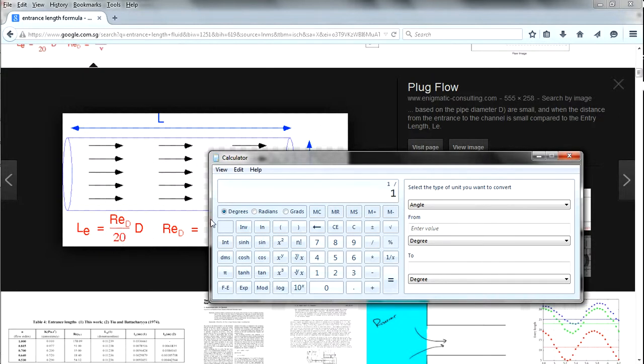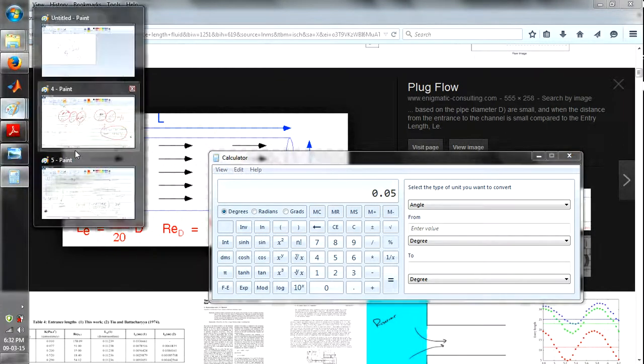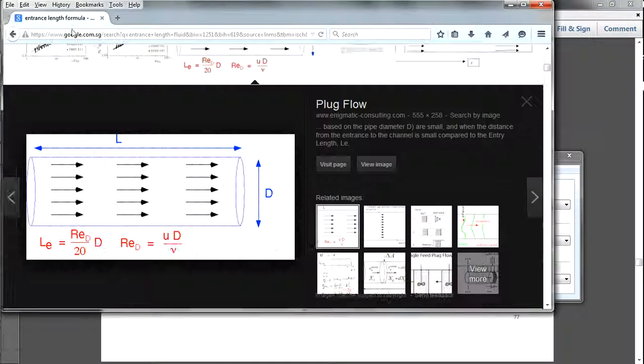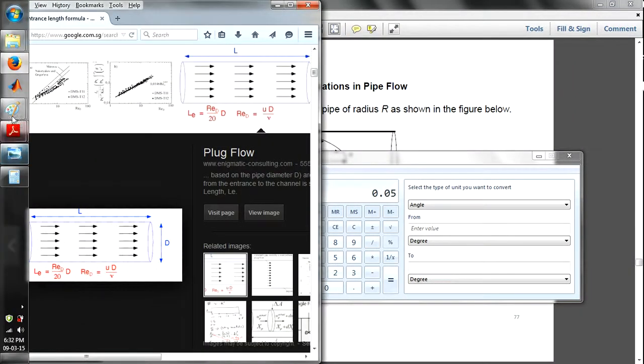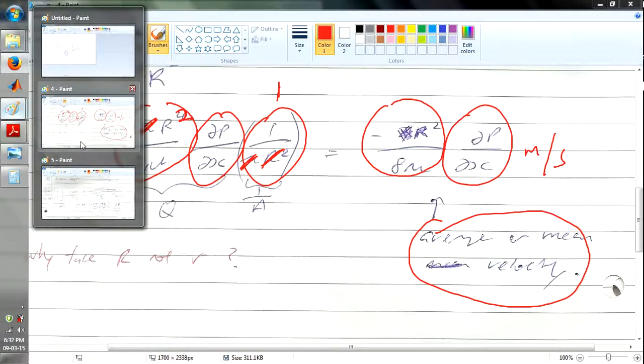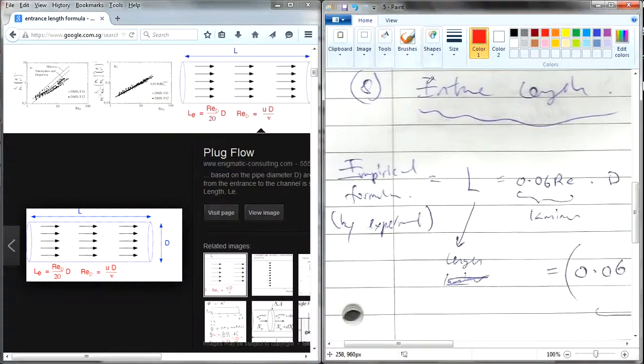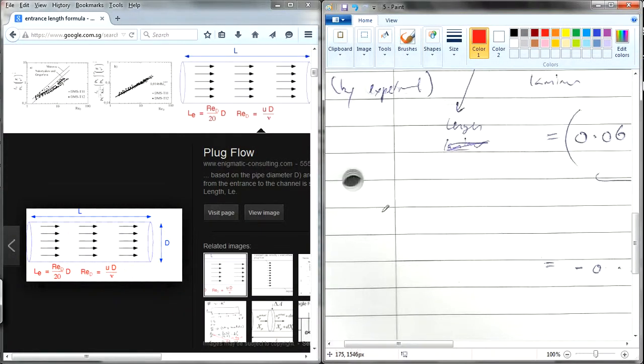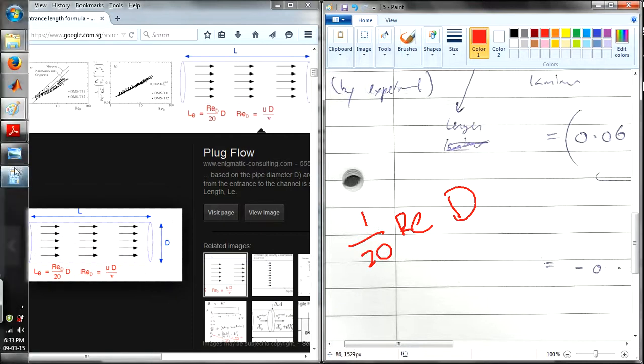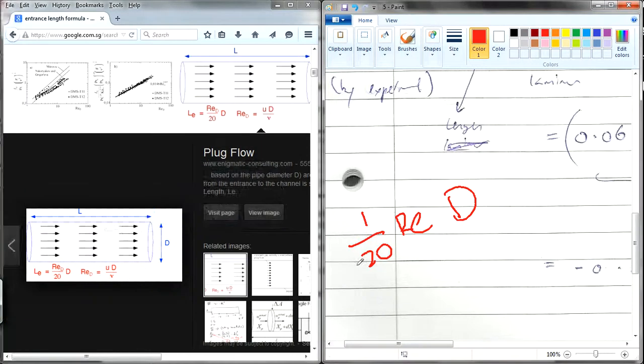So I'm going to show you, 1 divided by 20 is about 0.05. Maybe I should drag this thing over here. So what I mean is 1 over 20 Re D, right? So this, as I proved to you, 1 over 20 is actually 0.05.